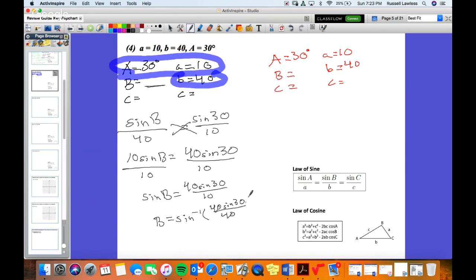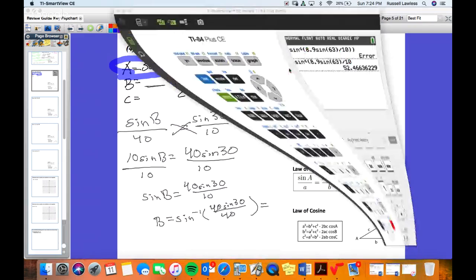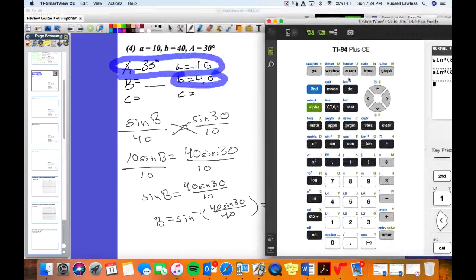So rather than show you how to plug this in the calculator, I'm just going to do it quickly in my calculator. Let's just see what happens. So we're going to take the sine inverse of 40 sine 30 over 40.